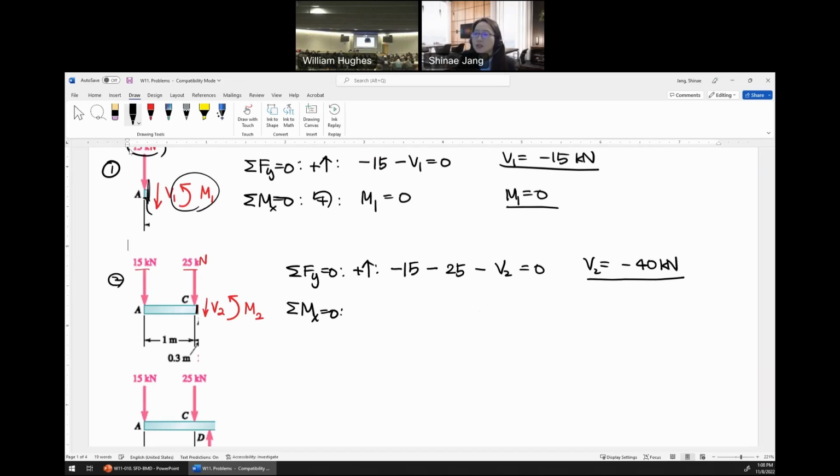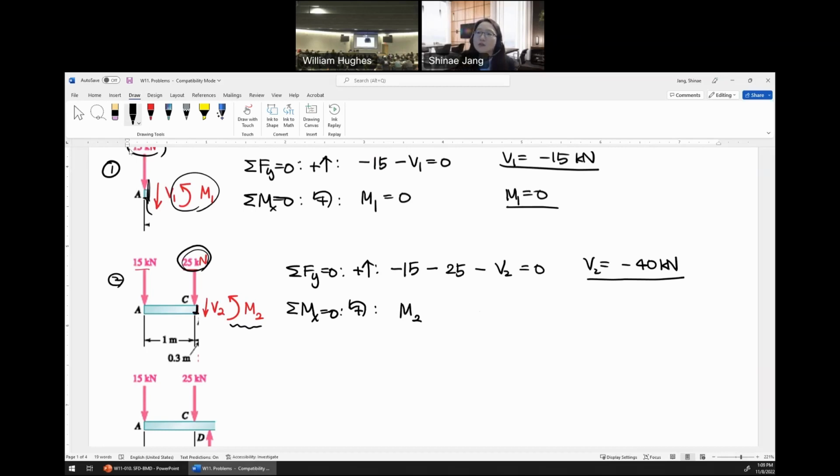And then the moment at the cut section. The cut section is here. Counterclockwise is positive, so we add M2 as is. That's why we assume M2 in the counterclockwise direction. And then what about the moment induced by 25? 25 times this small distance. If this distance is very small, the moment effect is zero, so that's good.